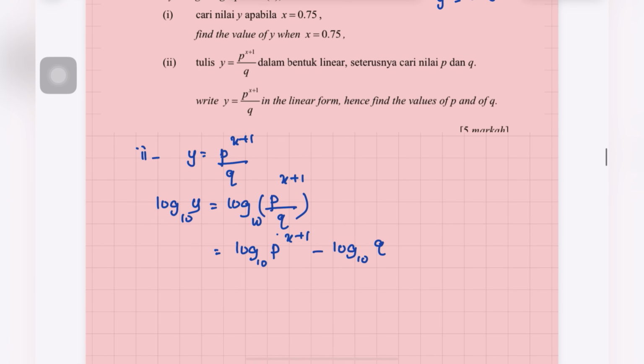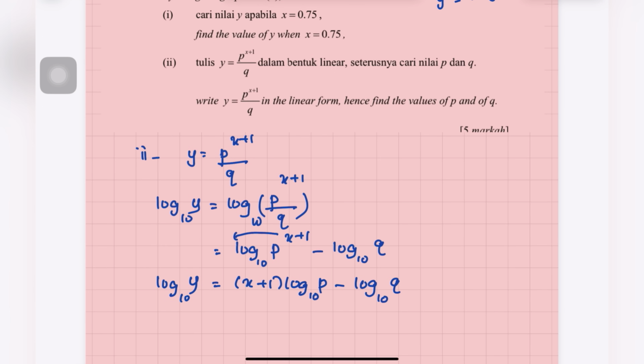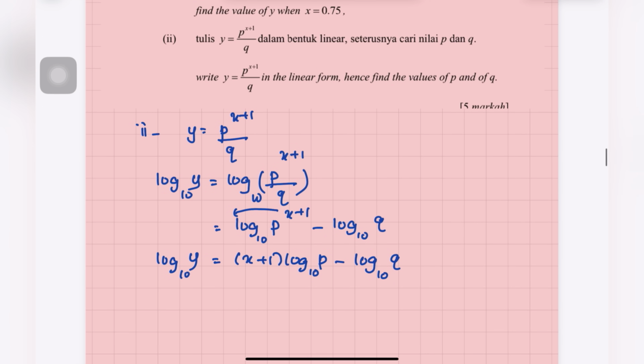Then by using laws of logarithm, we can move the power in front. So this one is log p base 10 minus log q base 10, and this one is log y base 10. Given that this one is big Y and this is big X, we can rearrange.